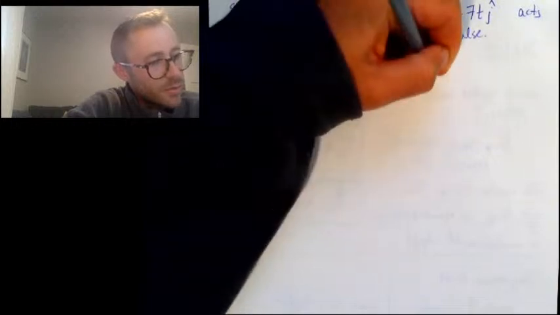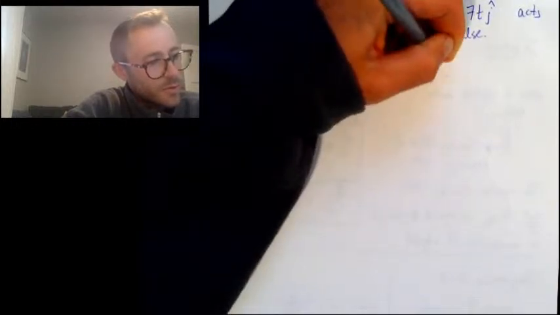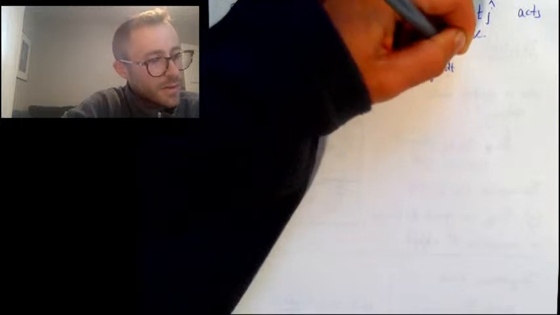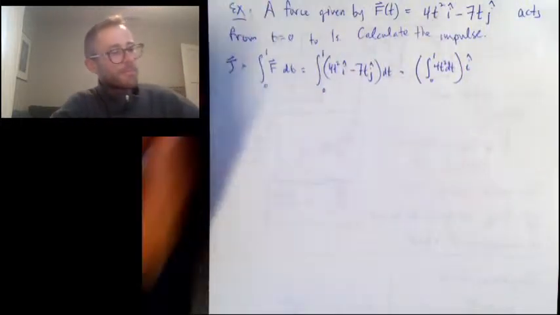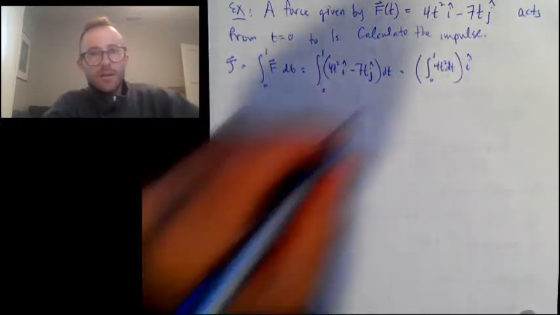The integral from 0 to 1 of 4t squared dt times i hat, minus the integral of 7t dt j hat.